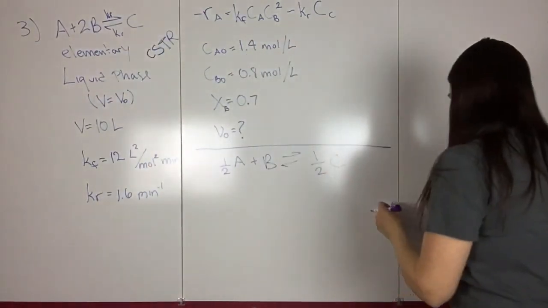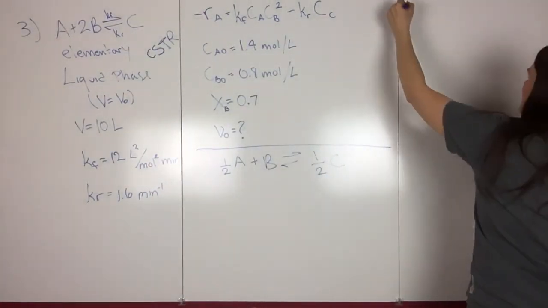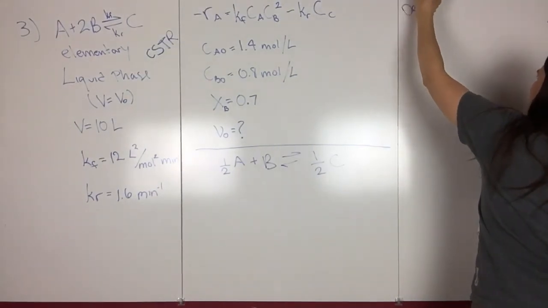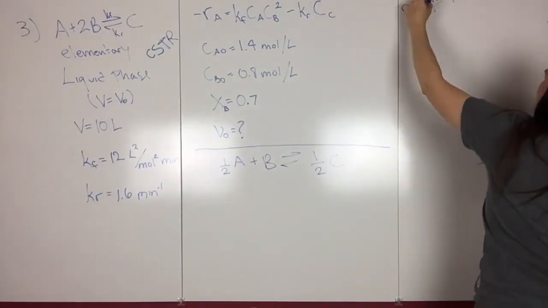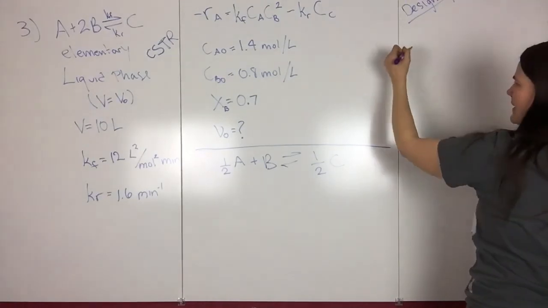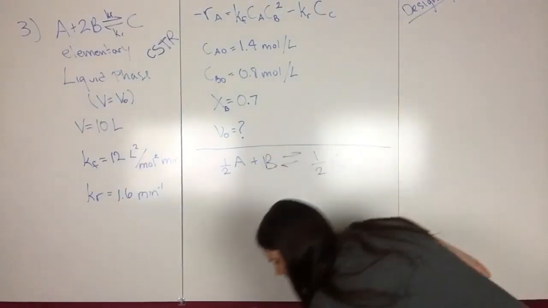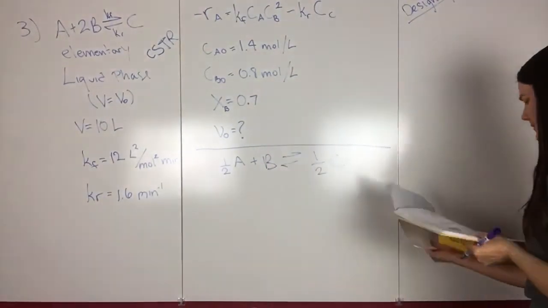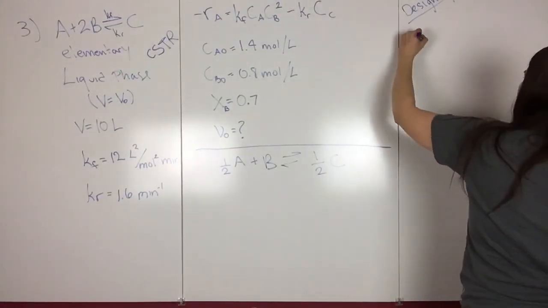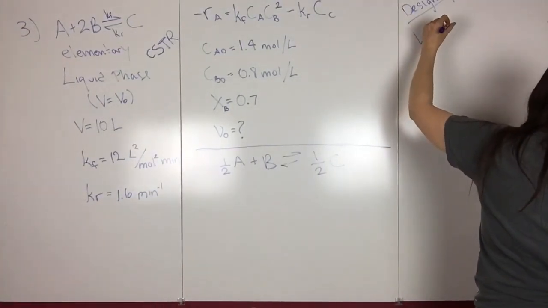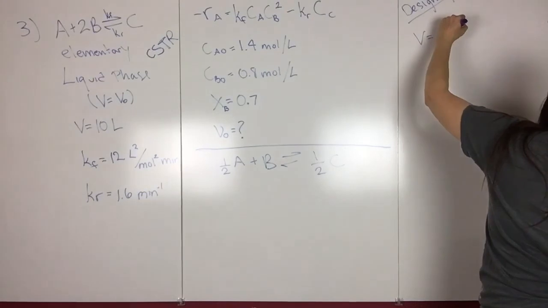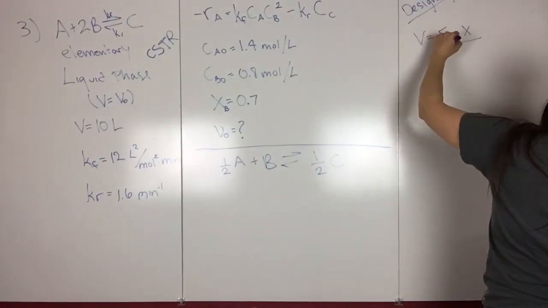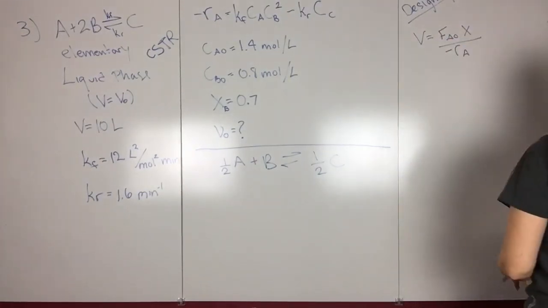So we need to write down the design equation for a CSTR. So that is V is equal to FA naught X over minus RA.